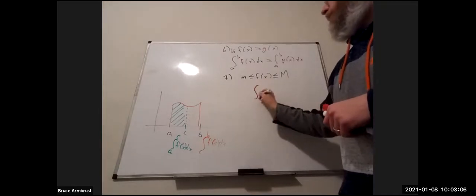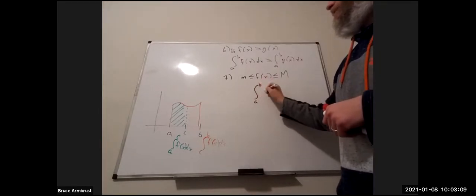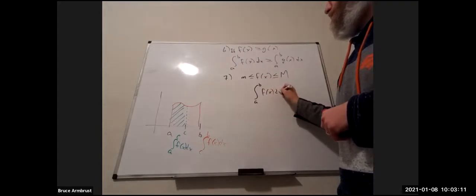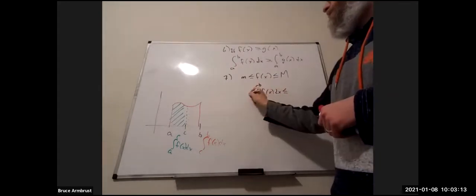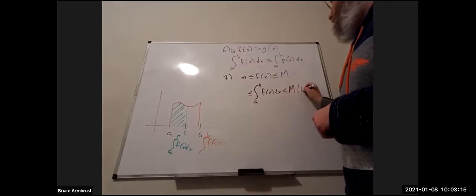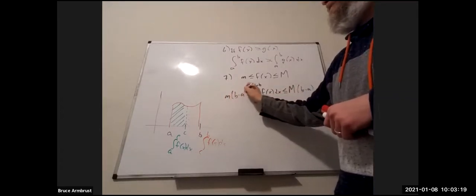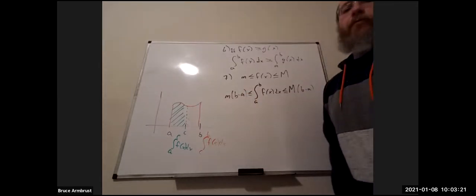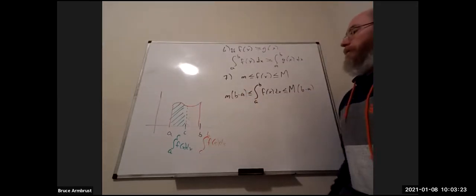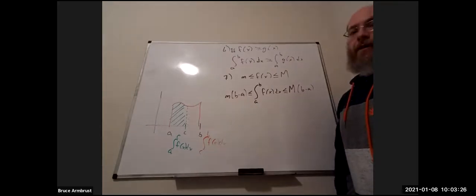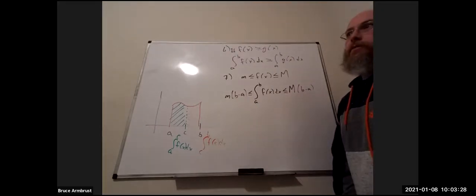Well, then what we know about this is that the integral of f of x is also going to be bounded, and it's going to be somewhere between the two numbers, little m times b minus a and big M times b minus a.